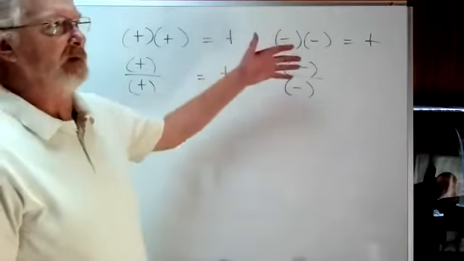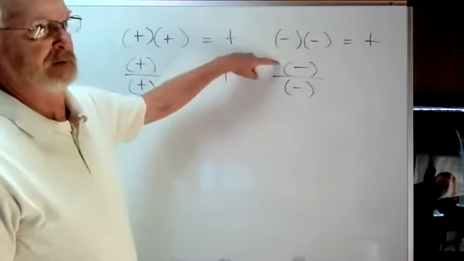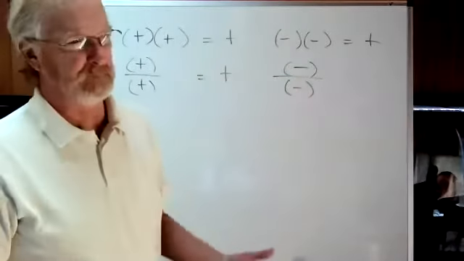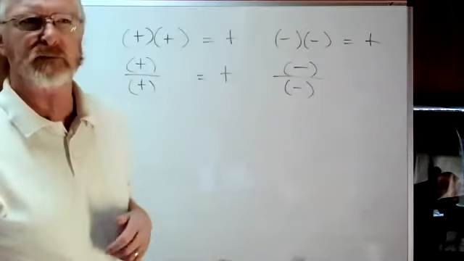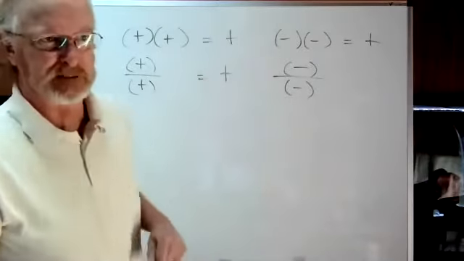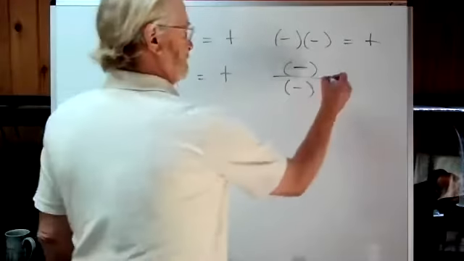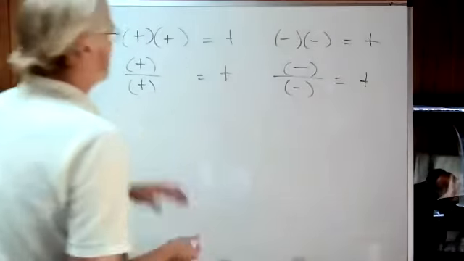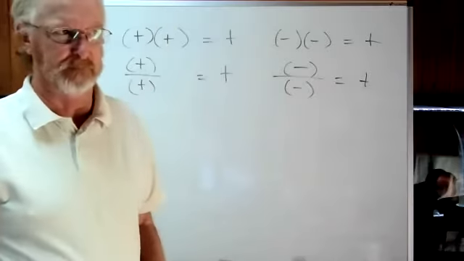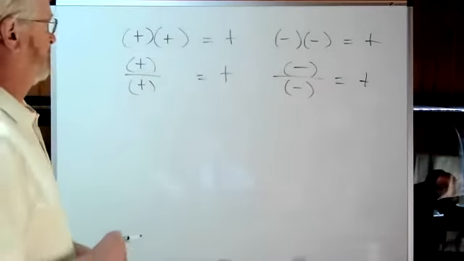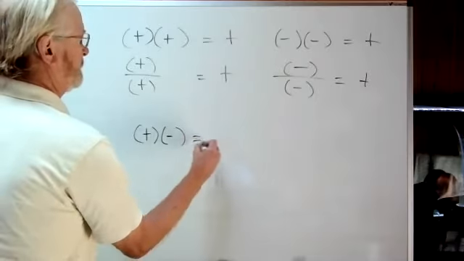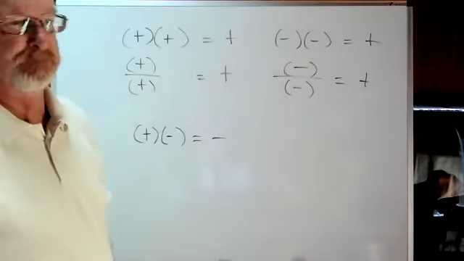If you divide a negative number by a negative number, we're finding the opposite of the opposite, and again, it turns positive. So if the signs are the same, your result is going to be a positive number. If your signs are different, the result is a negative number.